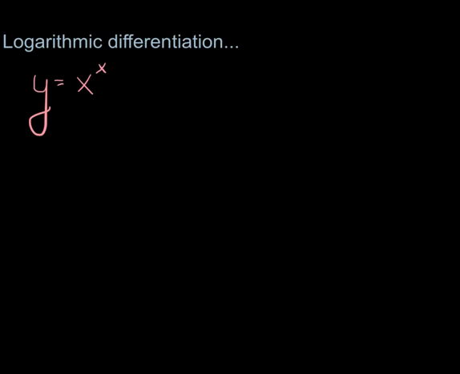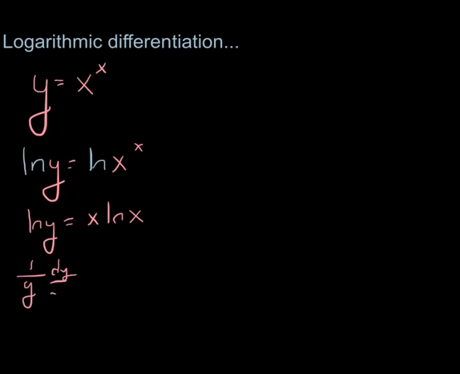So when we get to something like this, it's very helpful to take the natural log of both sides, because then we can use that property that allows us to bring this exponent to the front here. Now we can take the derivative of both sides. This is 1 over y dy dx. The right side we have to use the product rule.